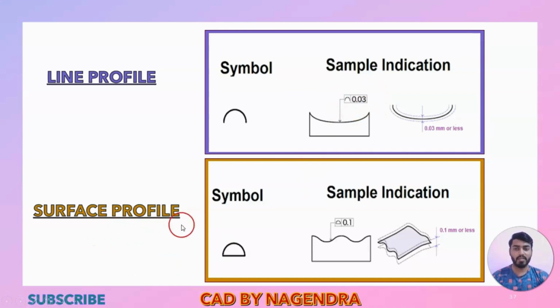Then surface profile: line profile is checked exactly on that surface along a single line, but with surface profile the entire surface will be checked, and whatever curved surfaces are there, we need to maintain them within this tolerance zone, this 0.1. Usually this comes with real-time experience. I am only making you understand in a theoretical form.